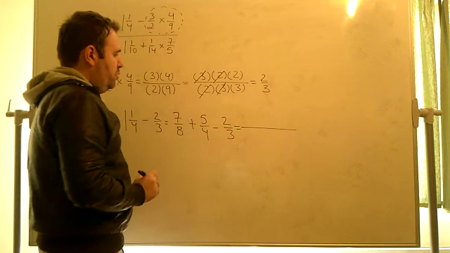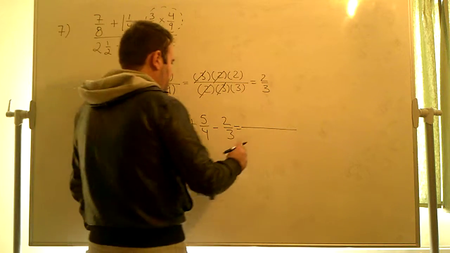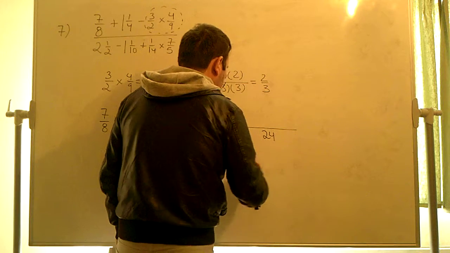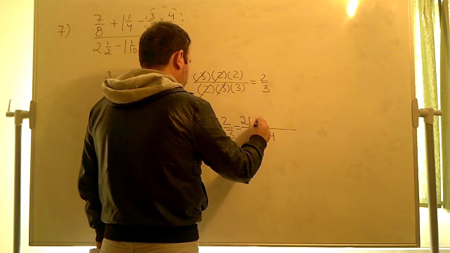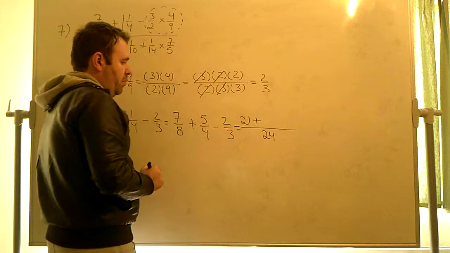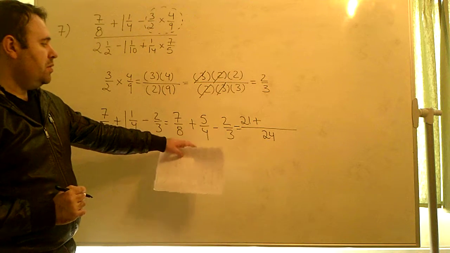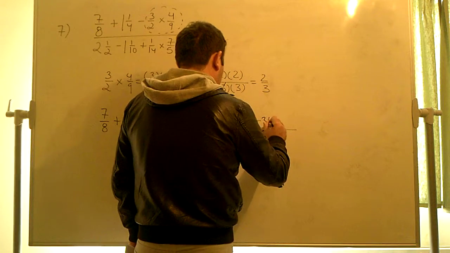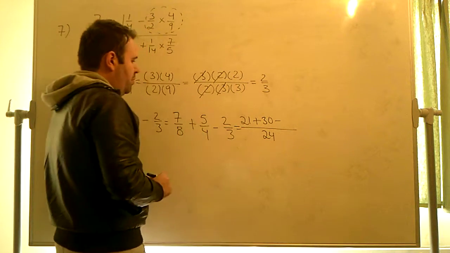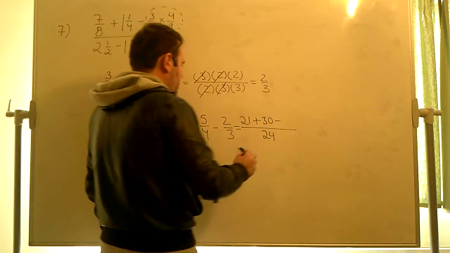So the least common multiple in this case would be 24. So 24 divided by 8 is 3 times 7, 21, plus 24 divided by 4 is 6, times 5 is 30, minus 24 divided by 3 is 8, times 2, 16.